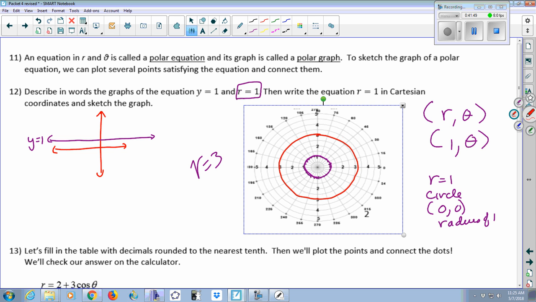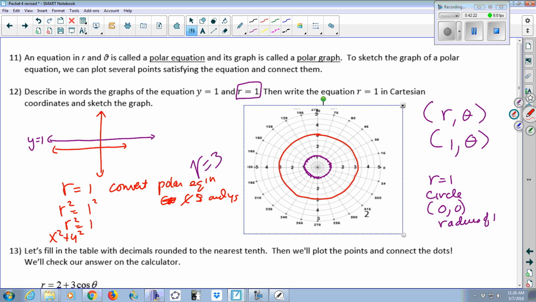If you wanted to be algebraic, you could certainly convert this polar equation to an equation that uses x's and y's. Why? Because I could square both sides, which is r squared equals 1, and then I can replace r squared with x squared plus y squared.